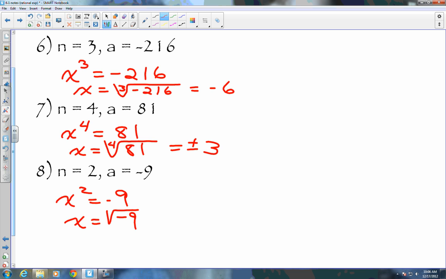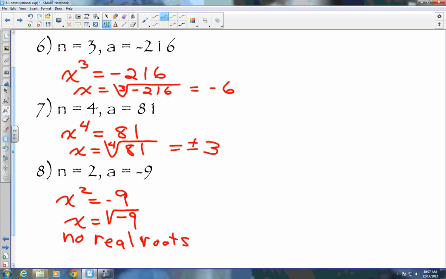So this one, in the real number system, we can't take the square root of negative 9, so the answer here would be no real roots, where it asks us to find roots. So no real roots. So even roots will either have 2 solutions or 0 solutions. Odd roots will have 1 solution.